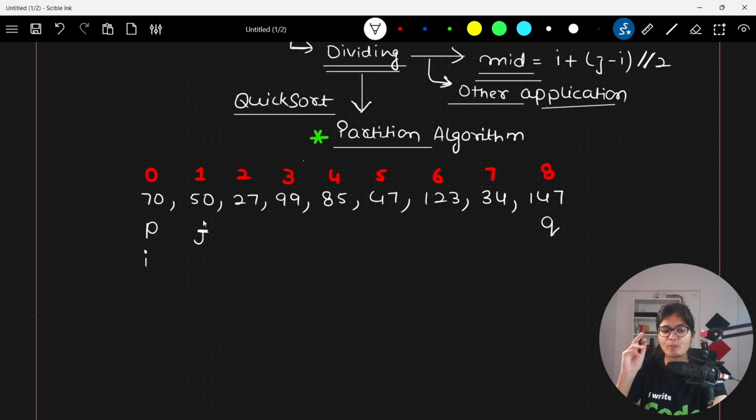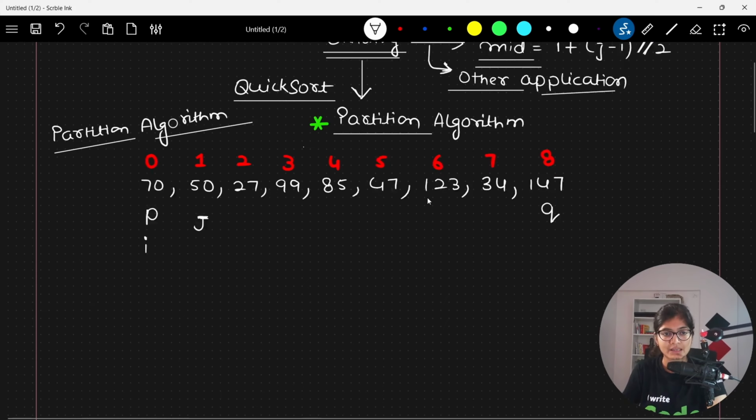These are the two pointers we have in a partition algorithm. Here I am explaining how the partition algorithm works inside QuickSort, and then I will tell you the algorithm of QuickSort as well.